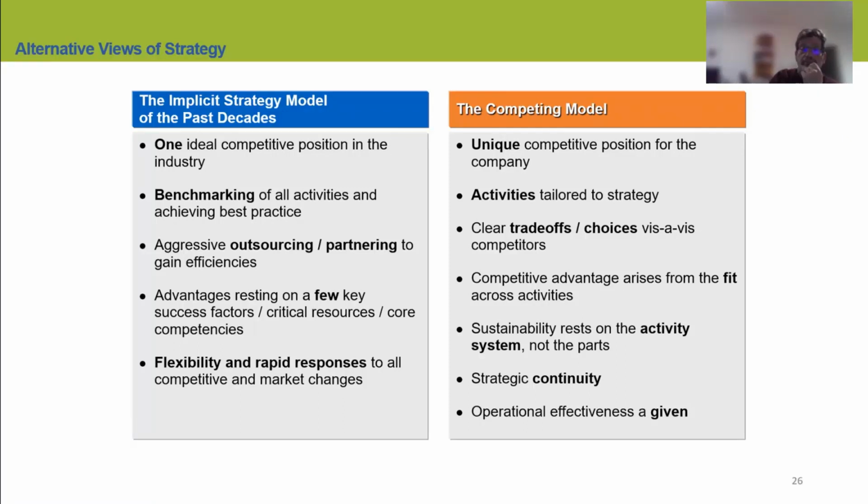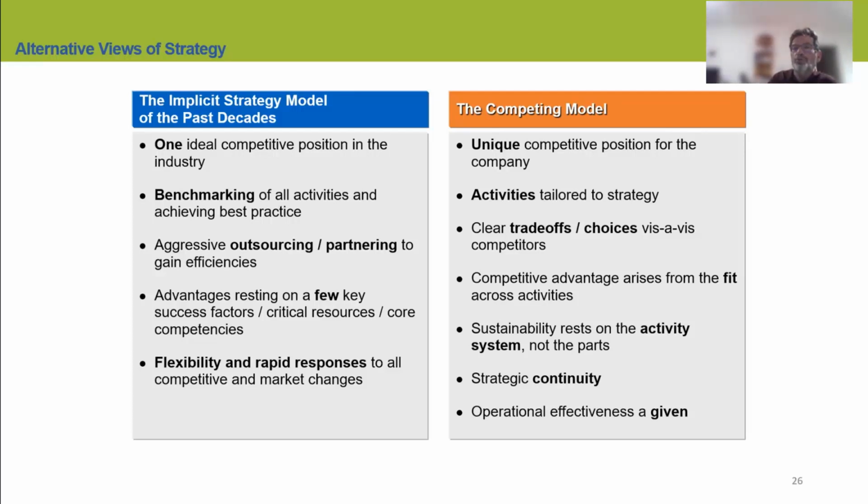Advantages resting on a few key success factors, critical resources, core competencies, flexibility and rapid responses to all competitive and market changes.